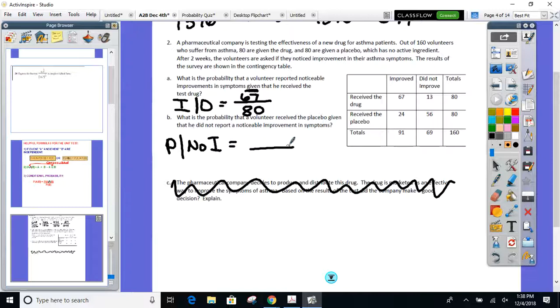Not 80, not 160. No improvement. 69, yep, no improvement. Out of those 69 people, how many got the placebo? 56. There we go. We all good there?